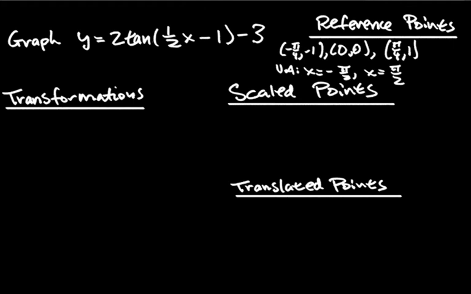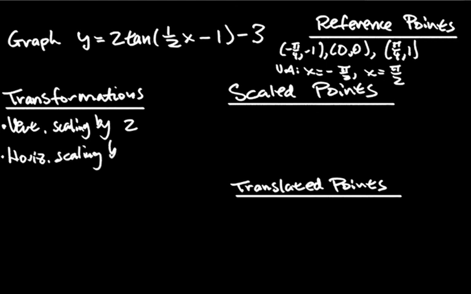So the transformations that are happening here: we have a vertical scaling by 2. We have a horizontal scaling by 1/2.